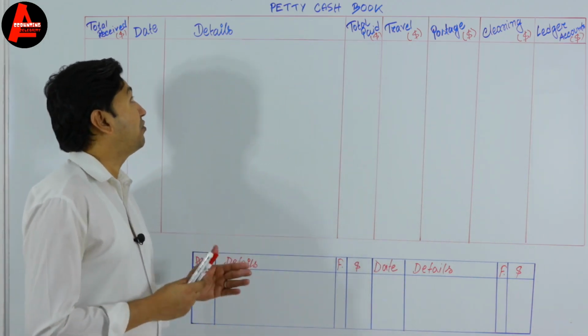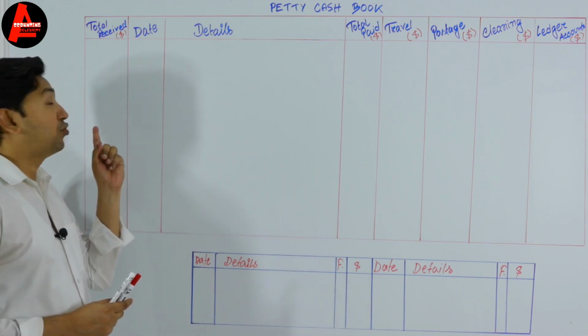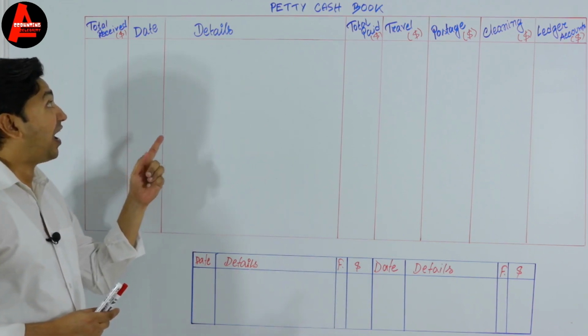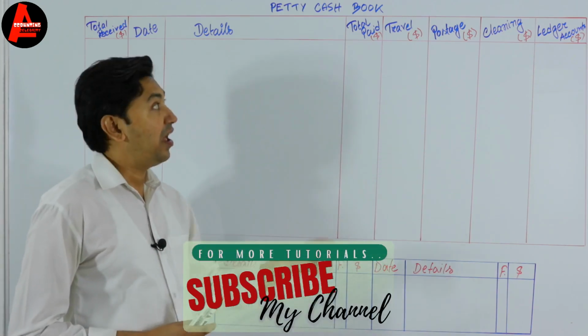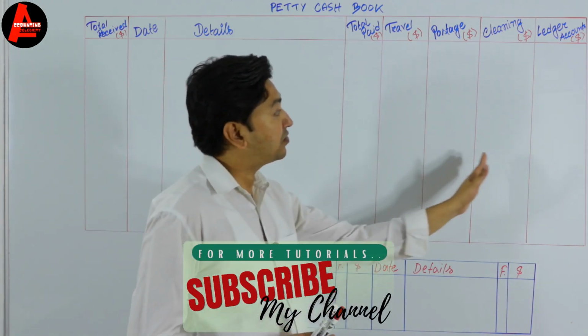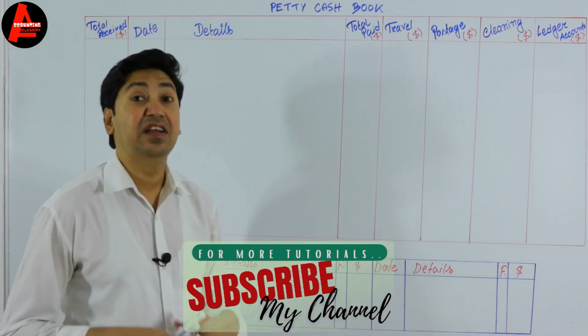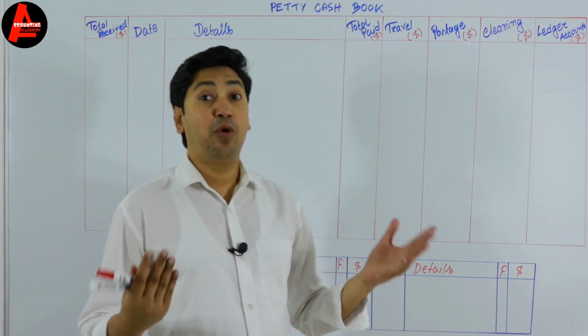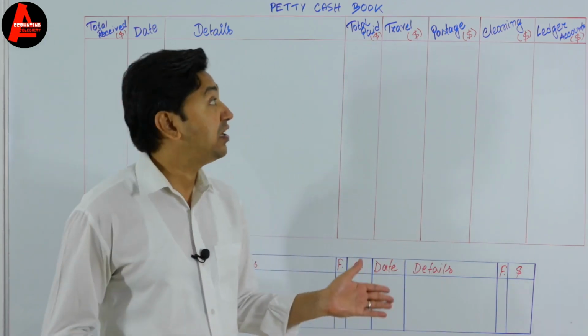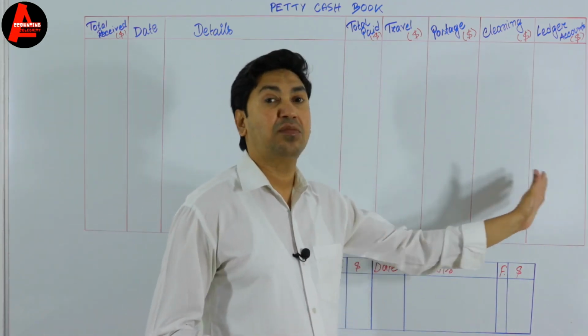Here you see the total receipt column, the date and detail columns, and here the total paid column. These four analysis columns depend on the question. If you have more transactions, you may need to make more columns.